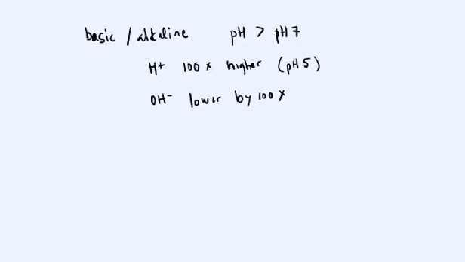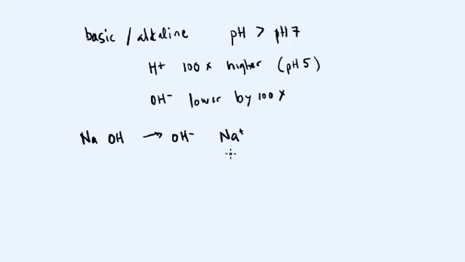Okay, the opposite is true. So if we were to increase the concentration of hydroxide ion, the outcome would be automatically a decrease in the hydrogen ion concentration. So for example, in the same way that if we were to add hydrogen ion with HCl, the pH would be decreasing because the hydrogen ion concentration would be increasing. If we were to take a substance like sodium hydroxide, NaOH, and add it to the solution, what's going to happen is that it's going to dissociate lots of OH minus into the solution, and it's also going to release Na plus.